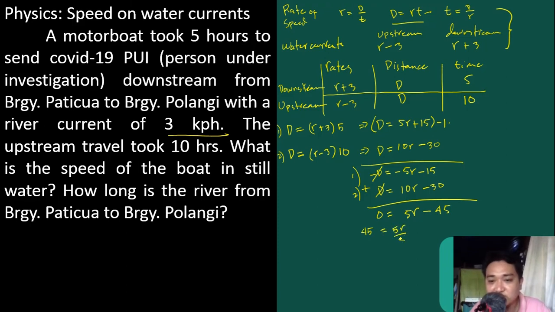And let us divide both sides by 5. Ang matitira na lang dito is R. 5 divided by 5 is just 1. No need to write 1. 45 divided by 5 is 9. Or R is equivalent to 9.